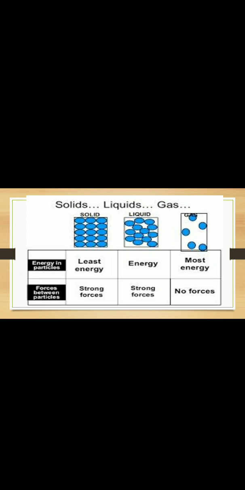Now you can see the different states. In the case of a solid, the particles are tightly packed together. In the case of a liquid, the particles are loosely held together, but in the case of a gas, the particles are very far away. Now you can see the difference in energy. The solid particles have the least energy.